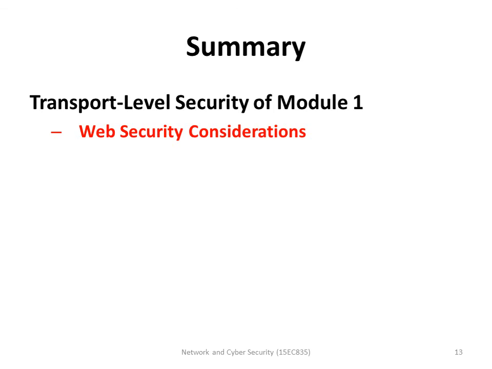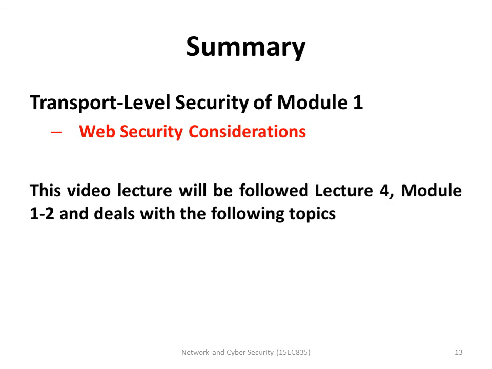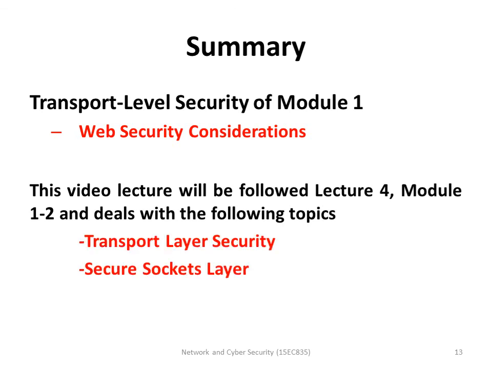And we have seen the different ways of overcoming these threats. Also, we have seen the levels at which security can be incorporated, and this lecture will be followed by lecture 4, module 1, which deals with transport layer security, the secure sockets.